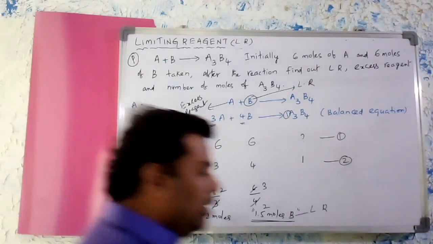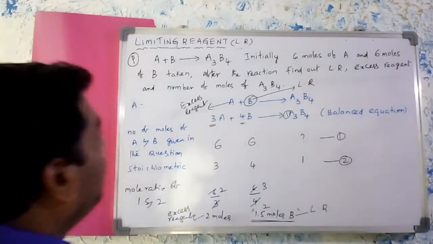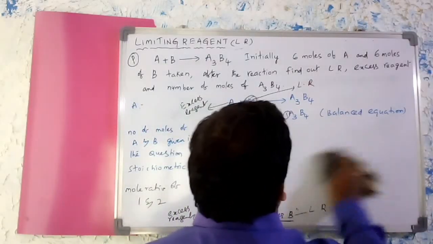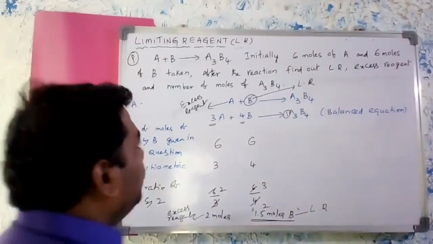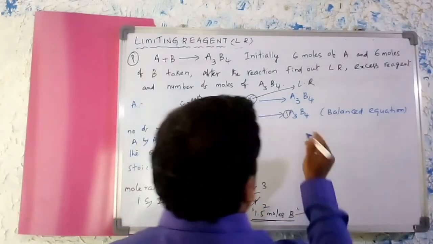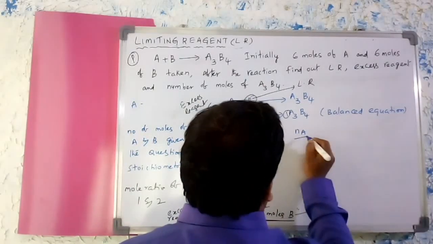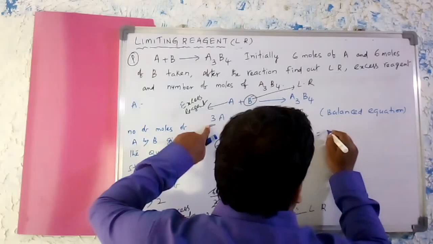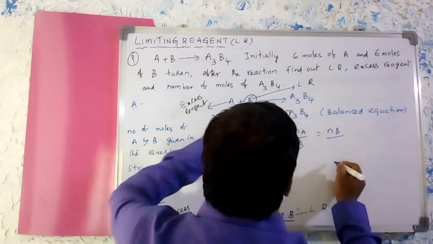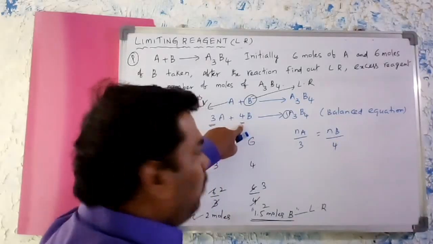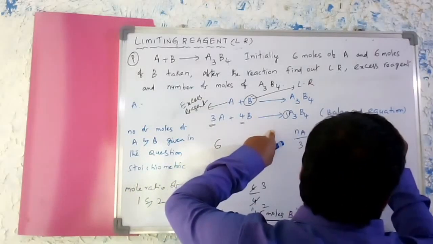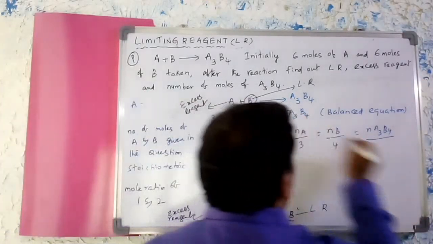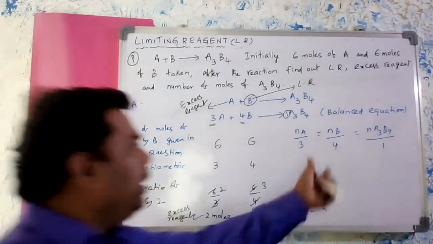Okay, so then we will find the number of moles of A3B4. Here you can take the number of moles of A by stoichiometric coefficient 3 is equal to the number of moles of B by stoichiometric coefficient 4, that is equal to the number of moles of product A3B4 by the coefficient 1.